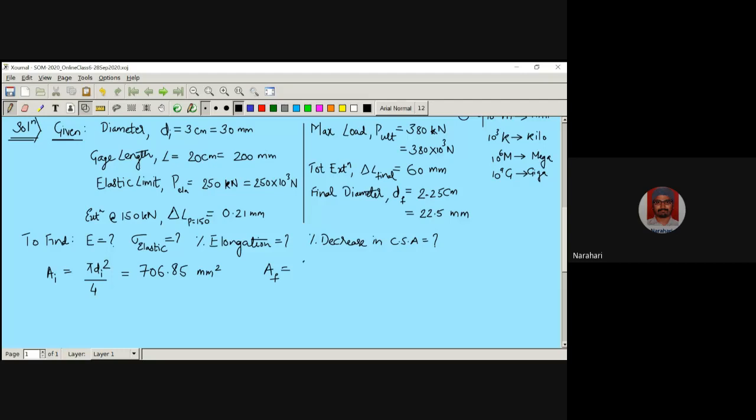That is nothing but pi d f square by 4. Is it 397.4? 397.607.